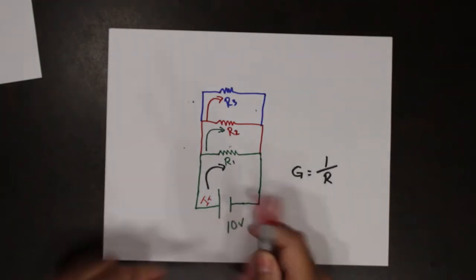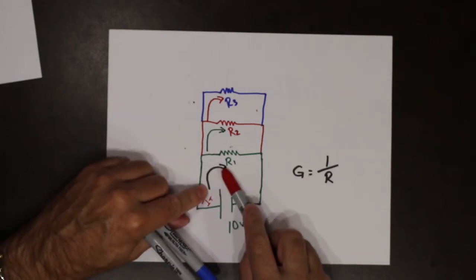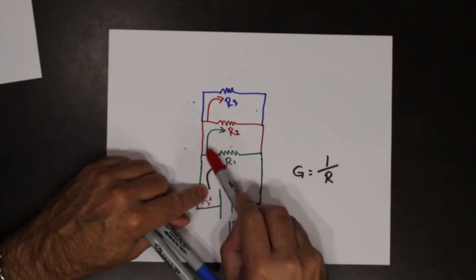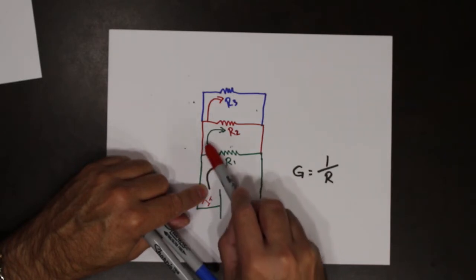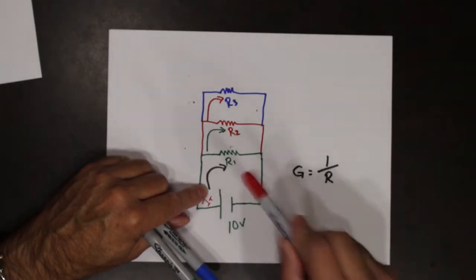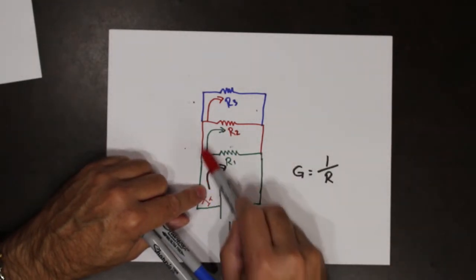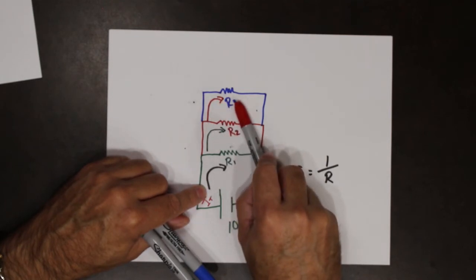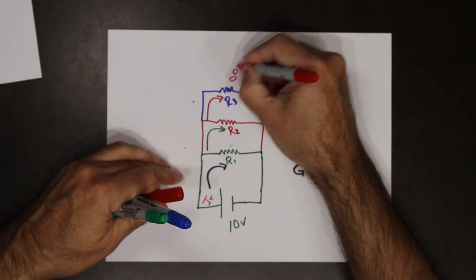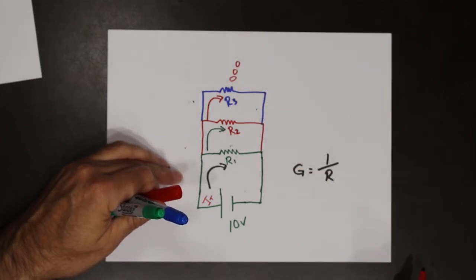So we have a certain conductance with one branch. We are now conducting more from the supply because we added another branch, and so on.